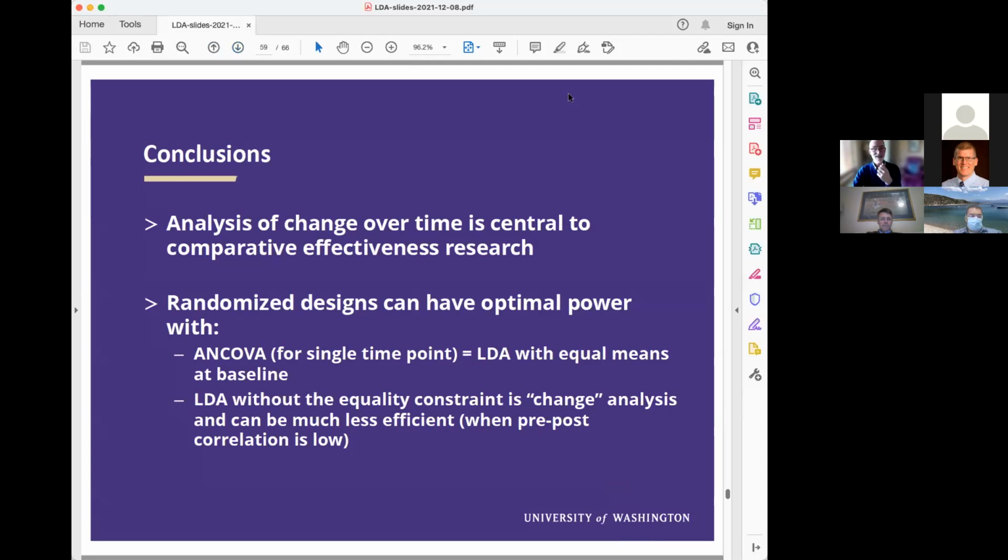Change over time is central to all comparative effectiveness research. Randomized designs, we have to do optimal procedures to gain power for the investment. ANCOVA has optimality properties for a single time point that transfers to a specific longitudinal data analysis with that constraint at baseline.